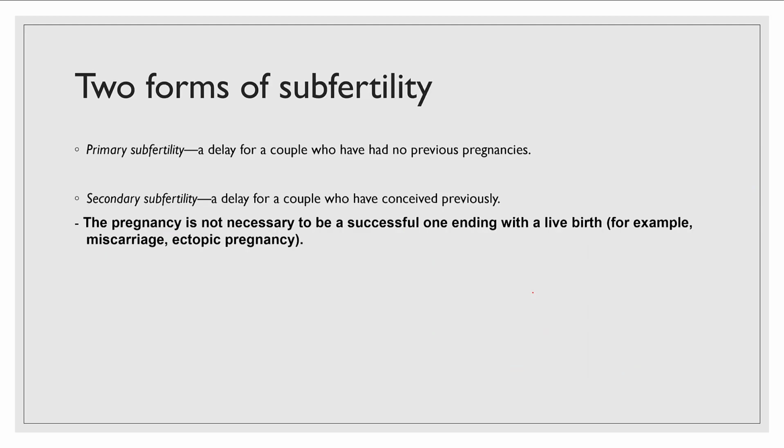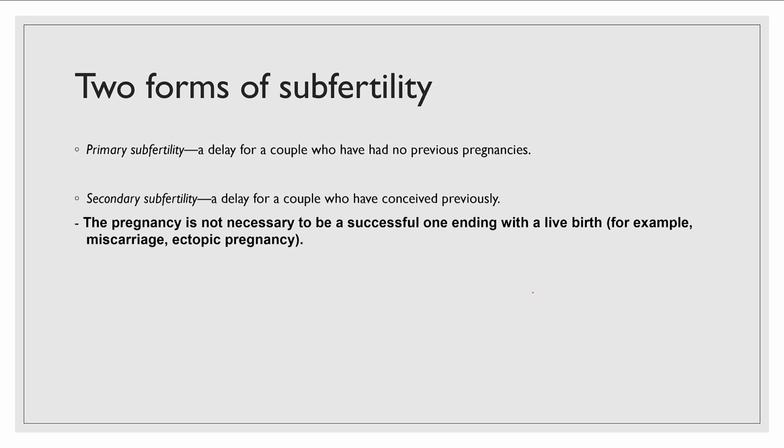So if we don't meet those criteria, then it really cannot be subfertile. So a couple who meets on and off out of their fertility period, say once in every 3 months, even after attempting for 1 year, is not really subfertile because they have not really been attempting regularly for 1 year. Okay. So when you are managing patients, you need to see whether they really fit into these criteria.